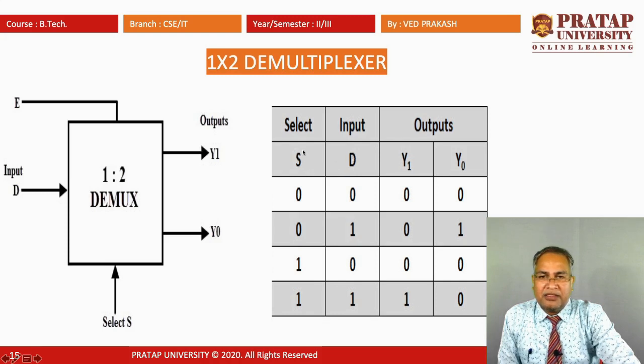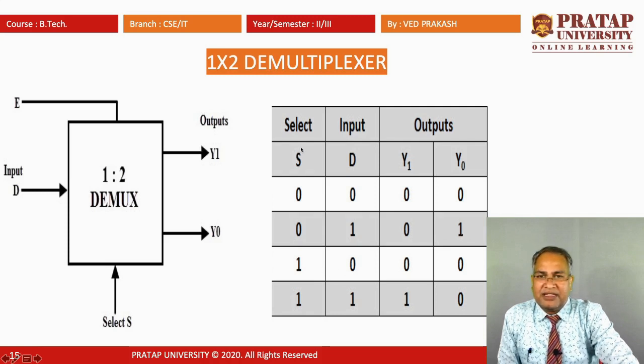So we select the values of the input and selecting line one by one. If the selecting line value is 0 and the input line is 0, then at the output terminals we find Y1 and Y0 as 0 0. Now if the selecting line is 0 and the data input line is 1, then at the Y1 terminal we receive 0 and at the Y0 terminal we receive 1.